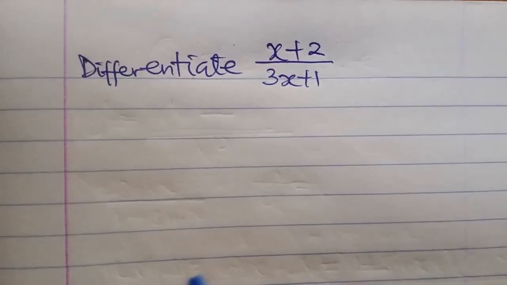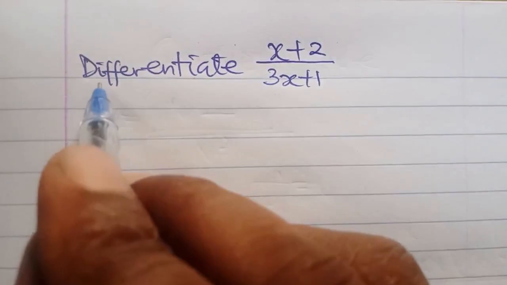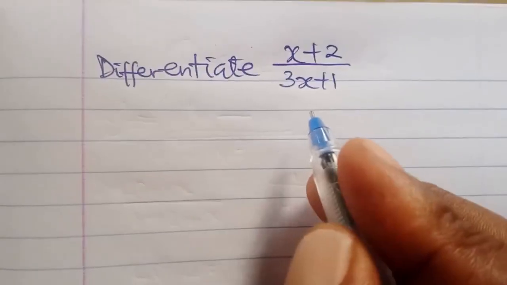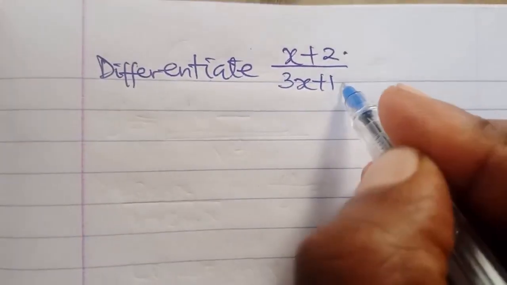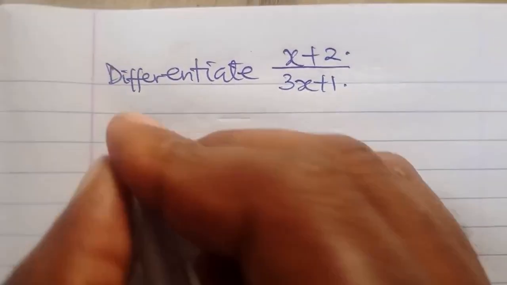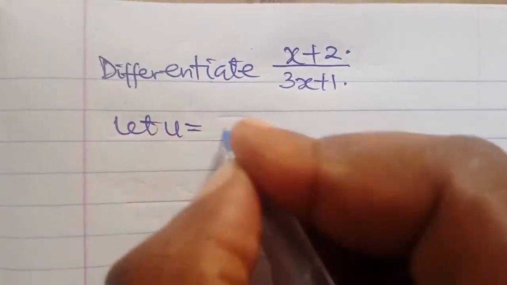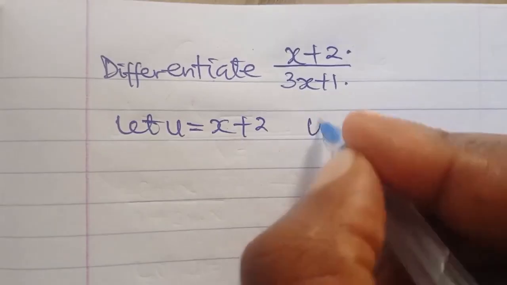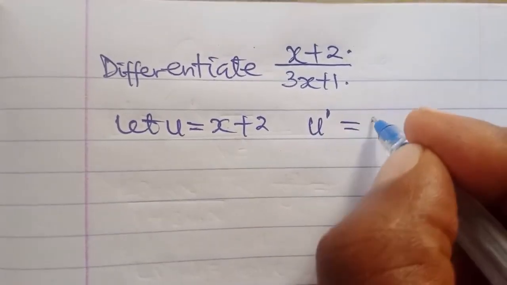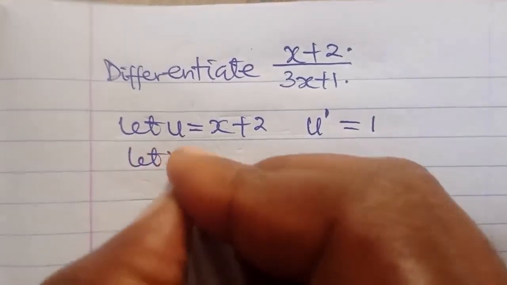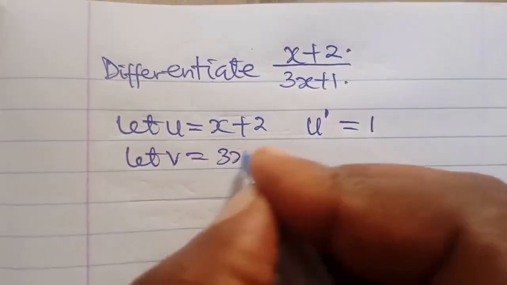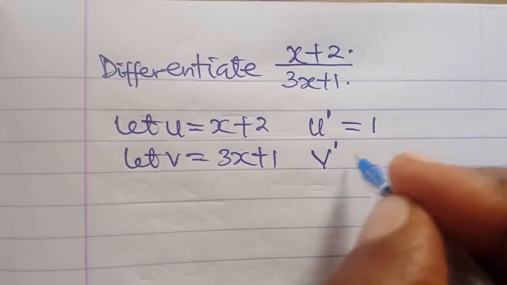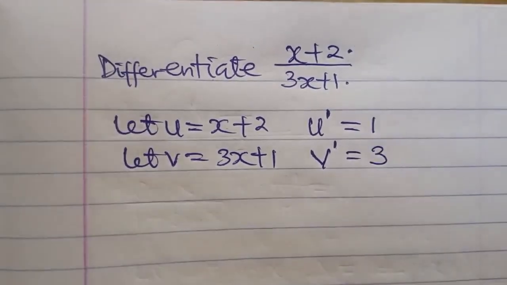Let us look at another example. This one says differentiate x plus 2 over 3x plus 1. Remember, the one on top is u, the one down is v. So we can say let u be equal to x plus 2, so that if we differentiate u, we get 1. Let v be equal to 3x plus 1, so that if we differentiate v, we get 3.